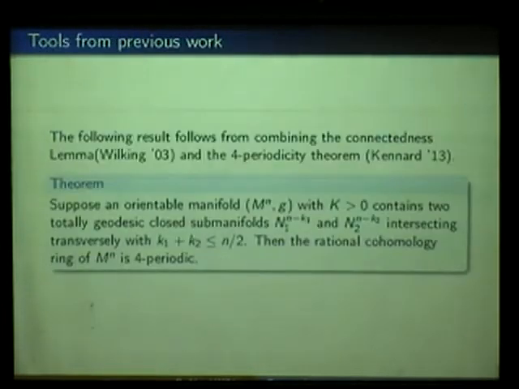Right. Okay, so tools from previous work. One of the main tools combines several results in the literature. It wasn't quite stated this way so far, but that's how one can put it.